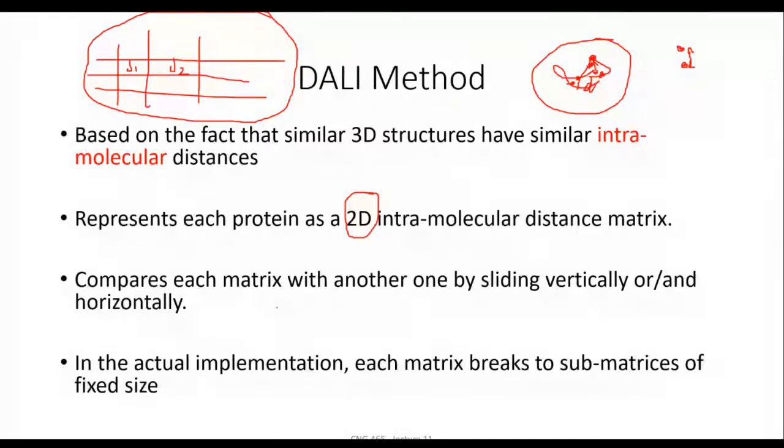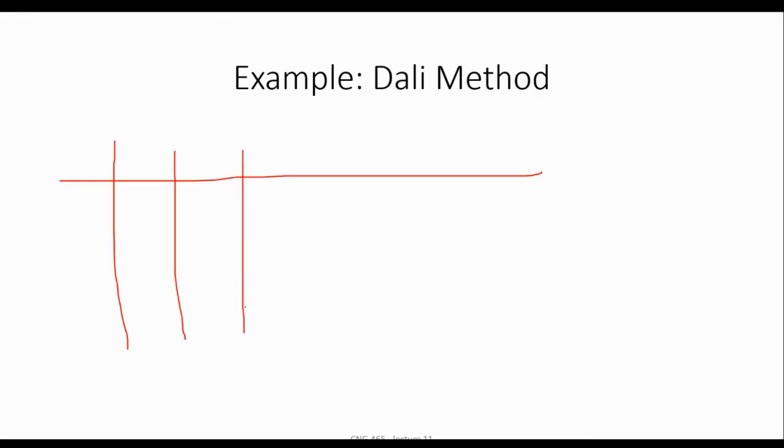And what happens in actual implementation? Each matrix breaks into sub-matrices of fixed size. So let me show you in a very simple example, or in general, what's happening here. As I said, you will have a distance matrix, and each one of the cells contains distances.